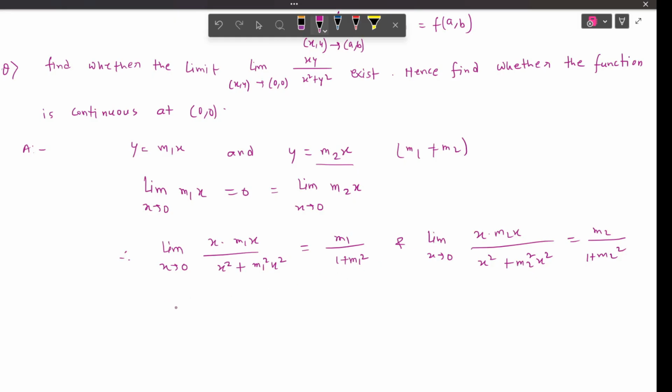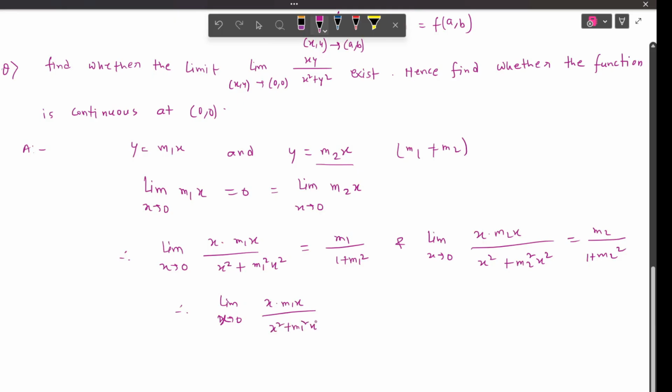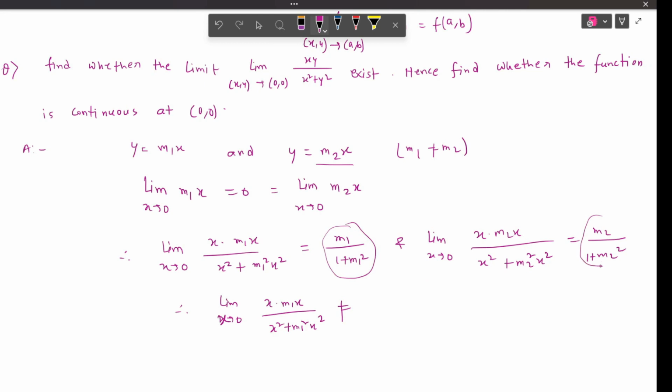So here we can see that limit x tends to 0, x into m1x by x square plus m1 square x square is not equals to, because this value is m1 by 1 plus m1 square, and this value is m2 by 1 plus m2 square. So this is not equals to limit x tends to 0, x into m2x by x square plus m2 square x square.